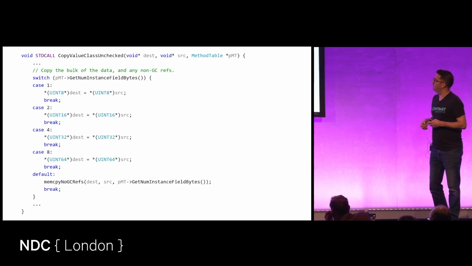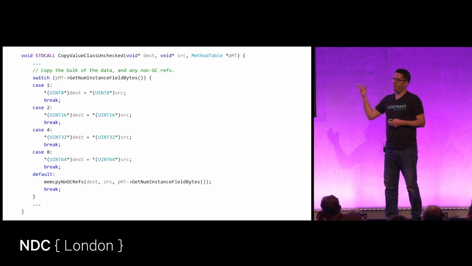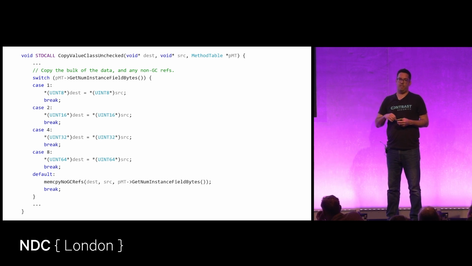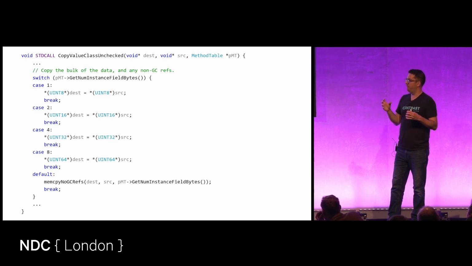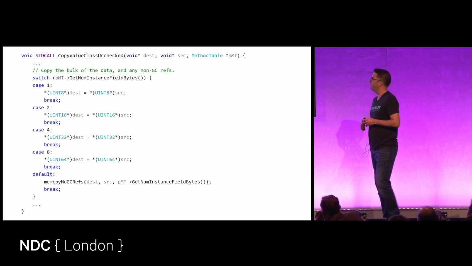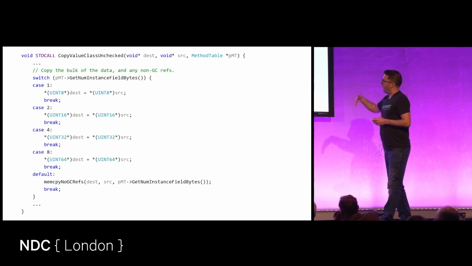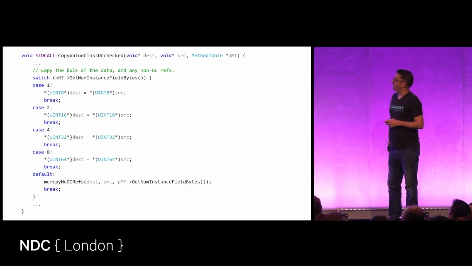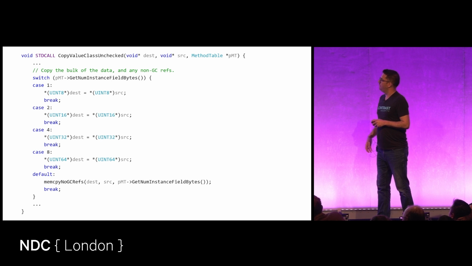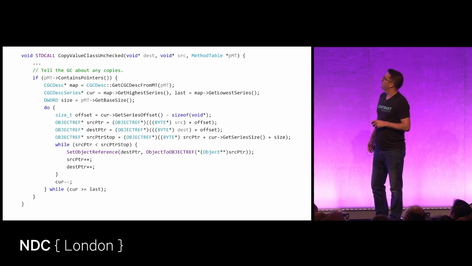I guess that's where the name comes from. So it needs to copy the contents of your struct at that time. It would have already created an object that represents the box version of that, but it needs to put the data in. And then it has a fallback if it's not one of the nice cases of the right sort of size, because it can't just do it via pointers of unsigned 32 and so on.